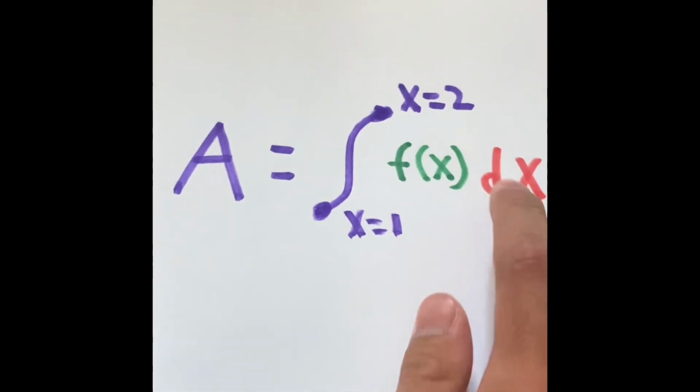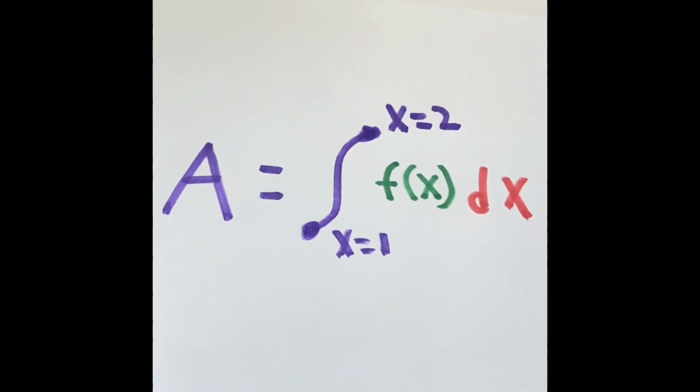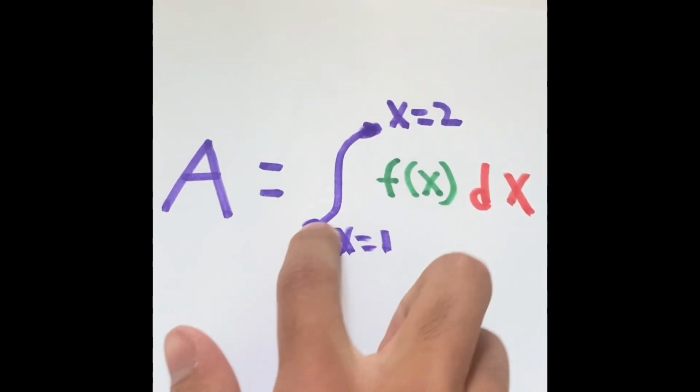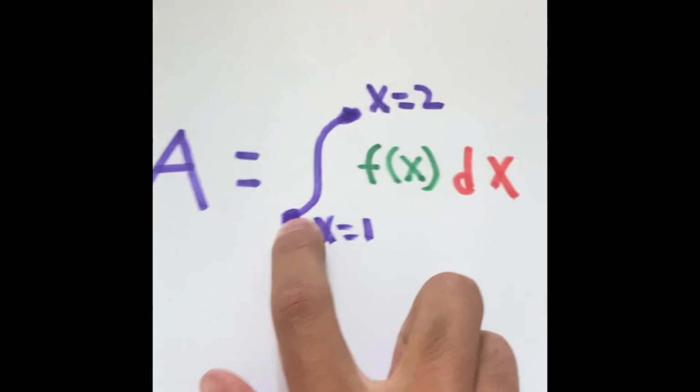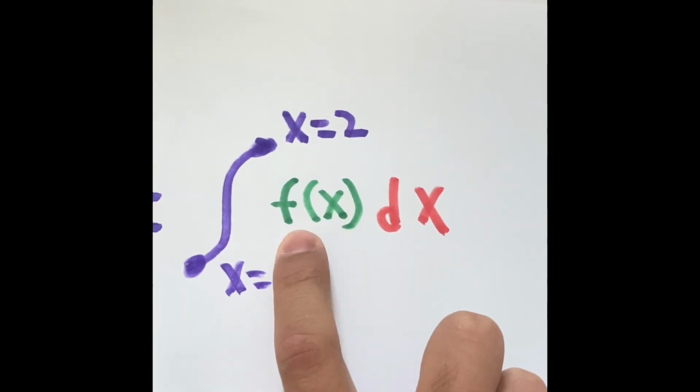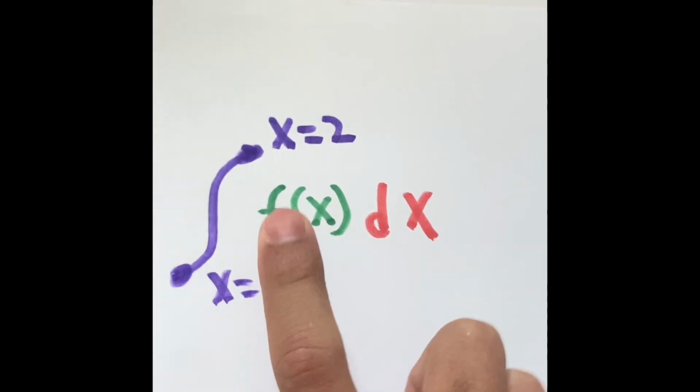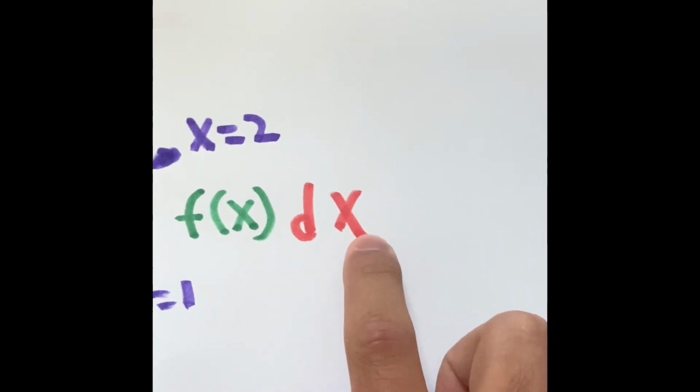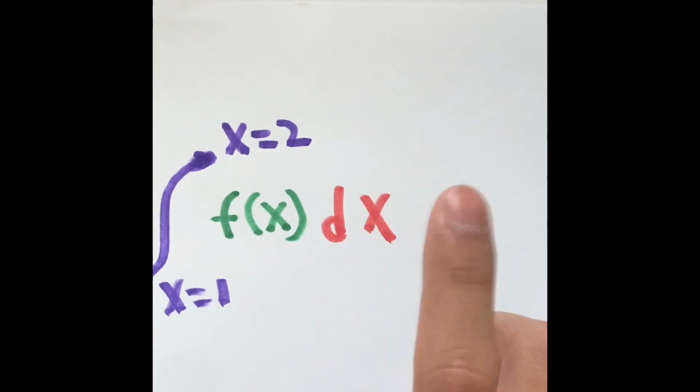We're going to explain 3 parts of the formula: what this crowbar symbol means, what the function of x represents in the equation, and what the symbol dx, the derivative, symbolizes.